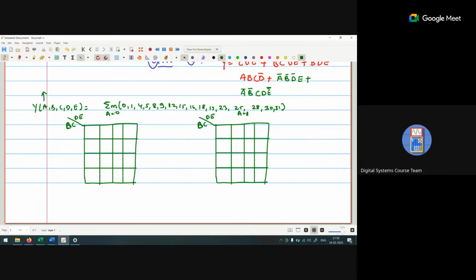Any doubt till now? Now we have to define the min term.